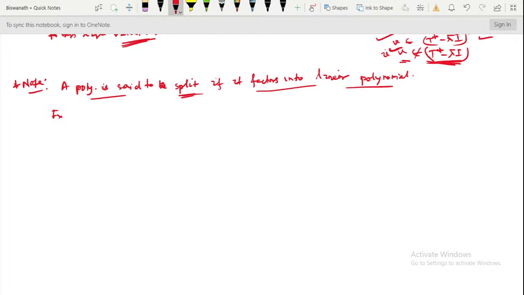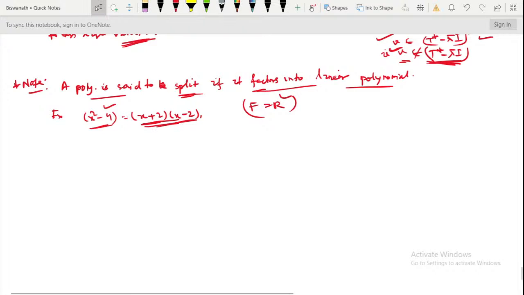For example, suppose I say x square minus 4. If I split this as x plus 2 whole into x minus 2, suppose my field is R, then this is split into factors, and all these are linear in R. So I can say this polynomial is split, as we can write it as a product of linear polynomials.